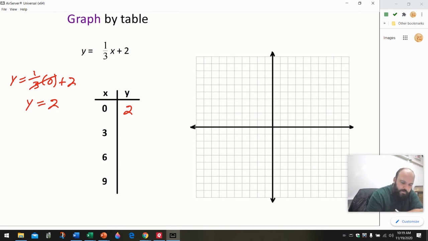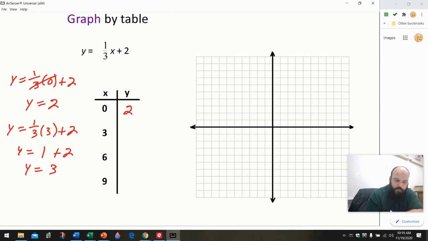Okay, the next number we're going to plug in is 3. 1/3 times 3 is 1, so that turns into 1 plus 2, and that gives me y equals 3. So I'm going to write 3 right there. Two more. The next number we're going to put in is 6.